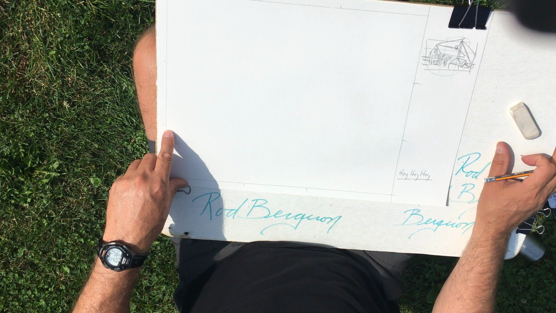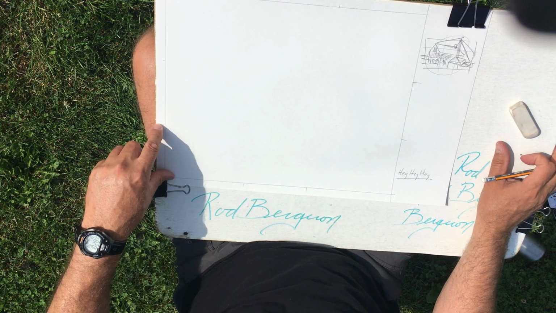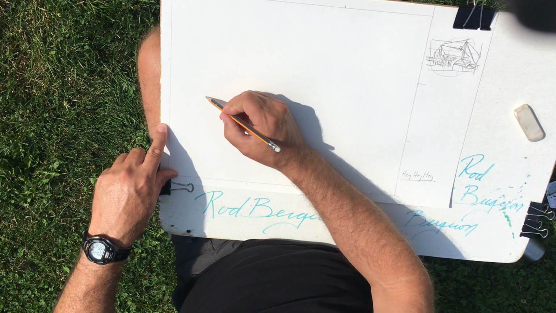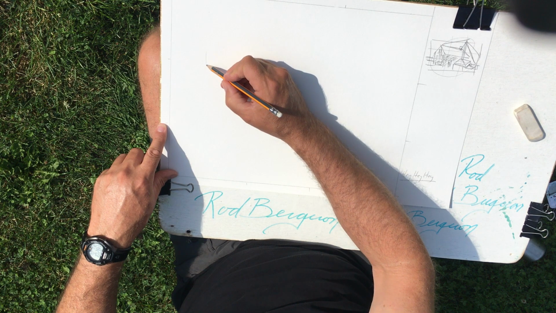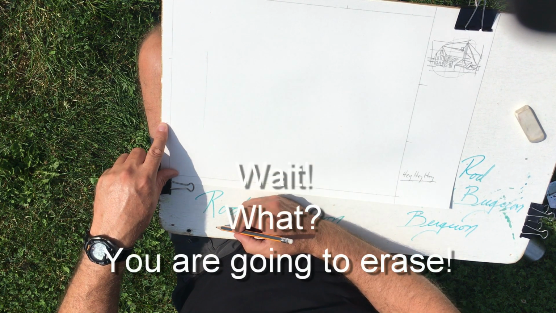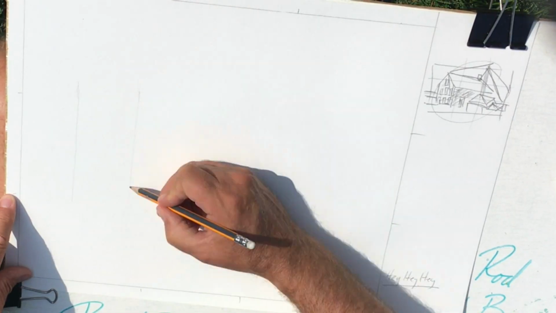My building is going to start on or around the 1/3 line that's going to cross the bottom 1/3 line. And I'm just going to put in a line where I think, and I'm going to make it big, because I'm going to erase. This is where the back side of the building is going to be.